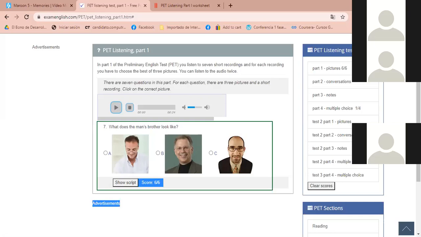These characteristics. He was saying, my brother has short hair. Sí, tiene cabello corto. He has black hair. Tiene cabello negro. Por descarte, el señor del medio, chao, ¿no? Cabello negro. Tenemos dos opciones con cabello negro. He said he had a mustache and a beard.